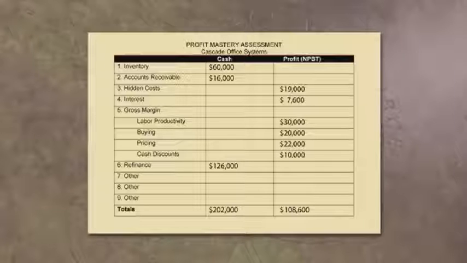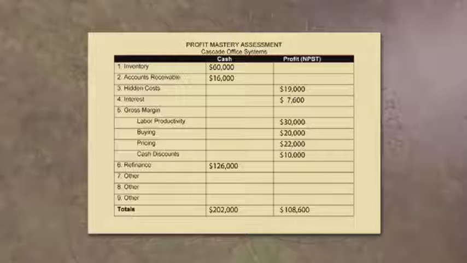All we've done here is take all of the items off of our roadmap and lay them out according to whether they have a primary cash impact or a primary profit impact. So there's the 60,000 of inventory, there's the 16,000 of receivables, the hidden cost of 19,000 and the interest of 7,600 on the inventory and receivables amount.